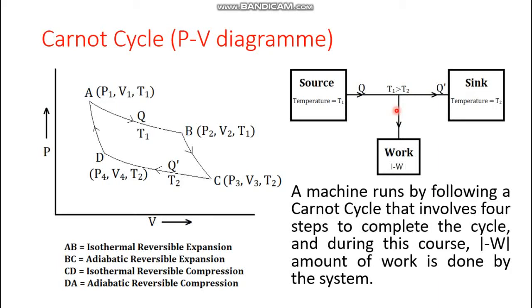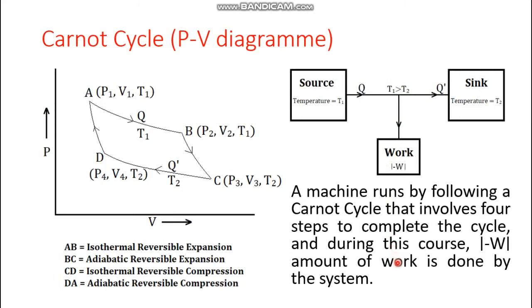So we have to find the ratio of that work and the amount of heat which was extracted from the source. One thing I must say: the difference of Q and Q prime should be equivalent to the work produced by the system or the machine.